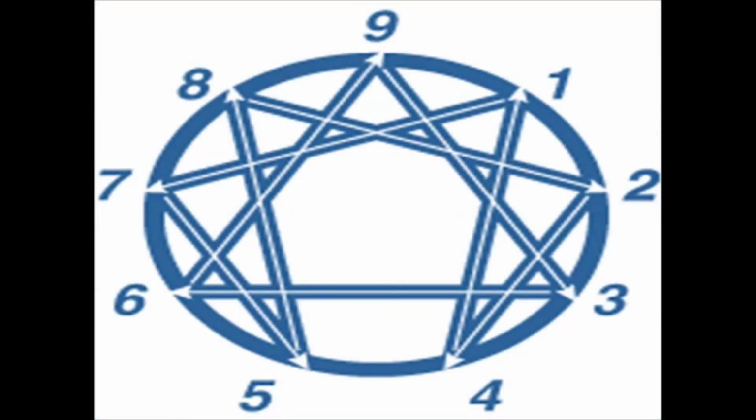The levels of health can be glimpsed from the Enneagram itself. Pick a number on the Enneagram. The arrow that is pointing to that number shows where the number will descend to when they are unhealthy. The arrow pointing away from that number shows where the number will ascend to when they are healthy.